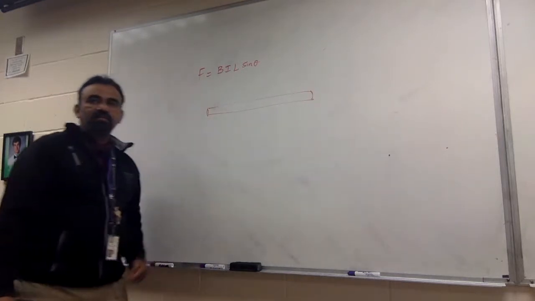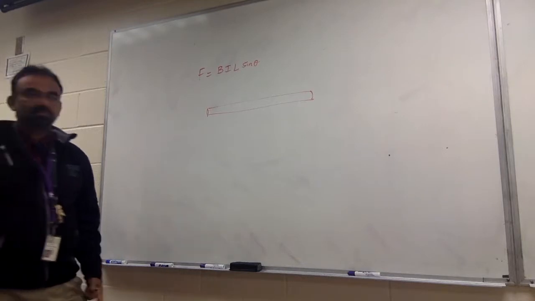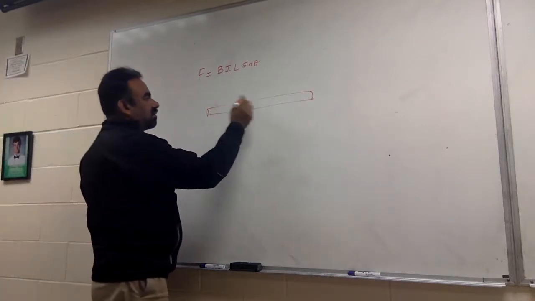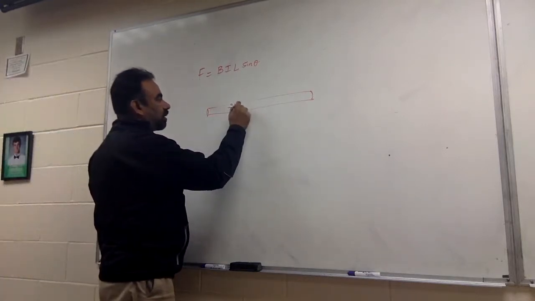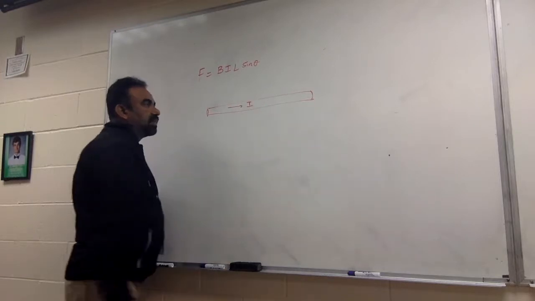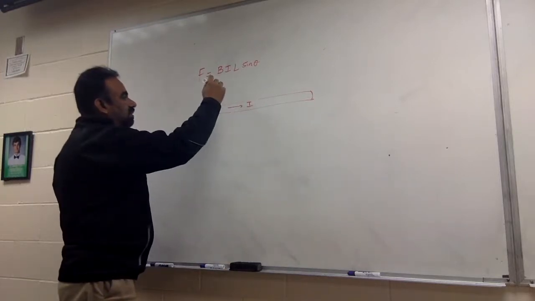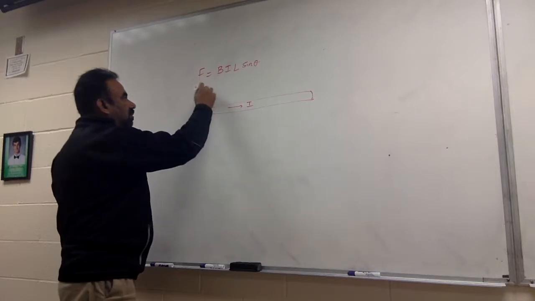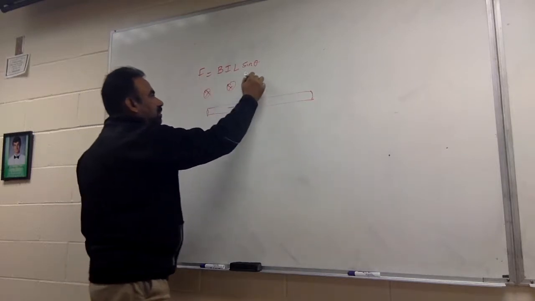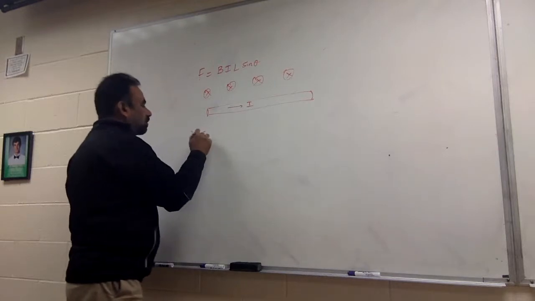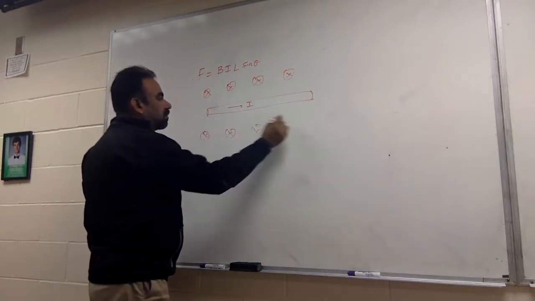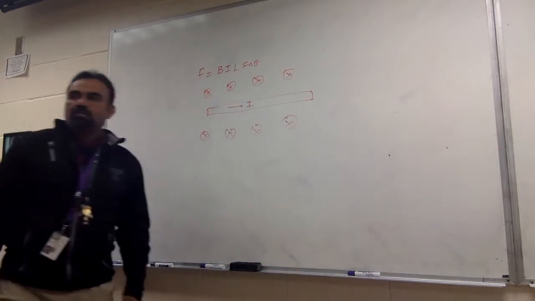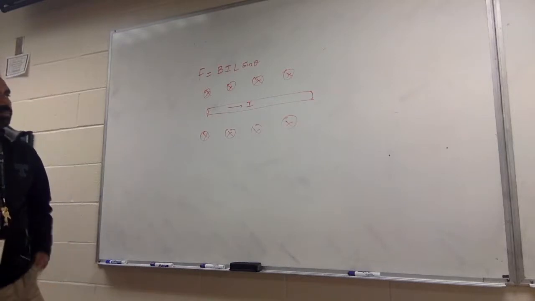That's a conductor that is carrying a current. Now, the current is going that way. And let's say the magnetic field is into the board. The magnetic field is into the board.